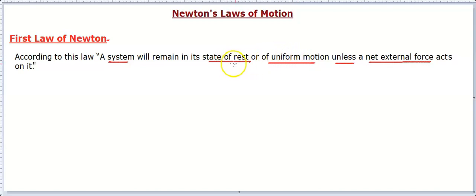Otherwise, it will maintain its state of motion or state of rest. It's true both ways. If the state changes, then a force must have been applied. This is true for all systems, no matter what the system is. In the last video we talked about the system, which means any part that you consider, maybe a single body or a collection of bodies.